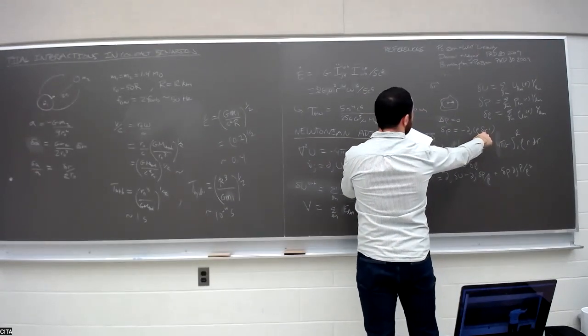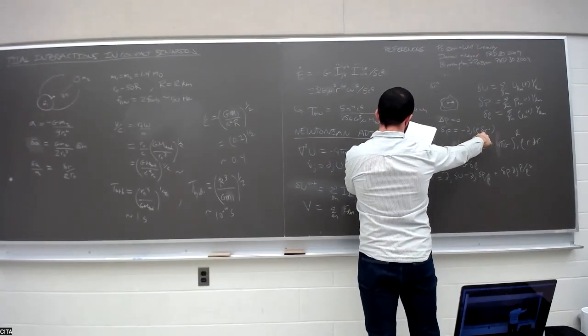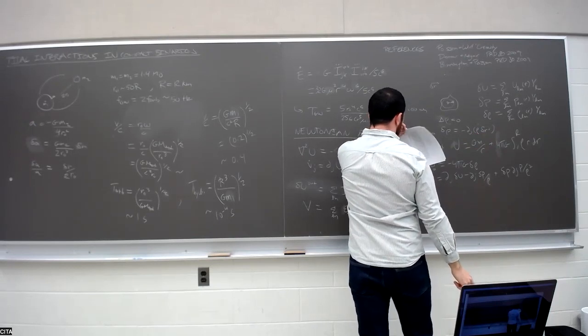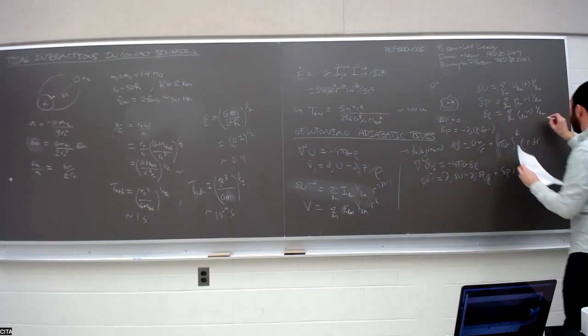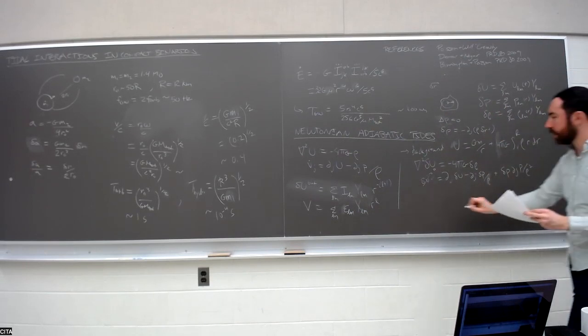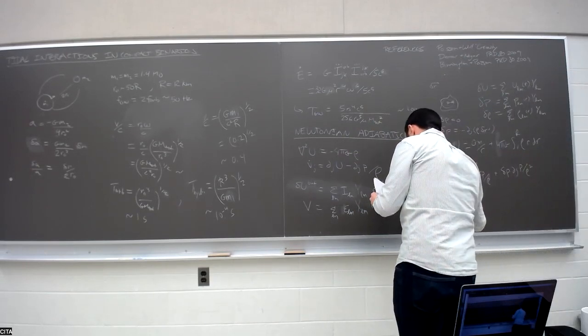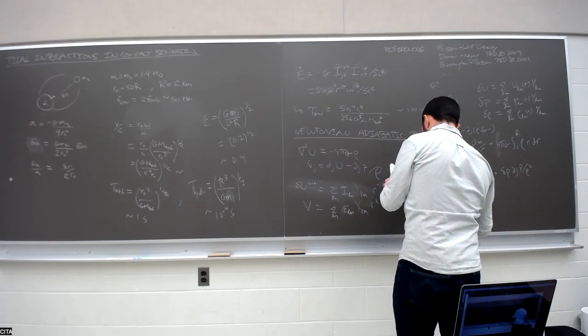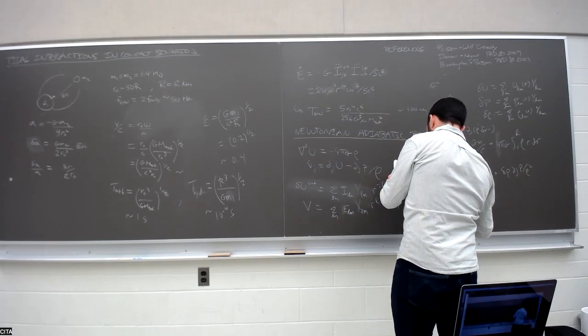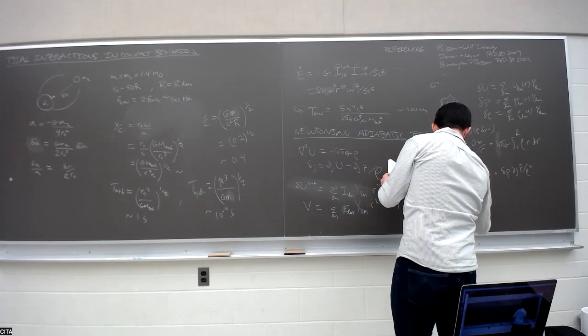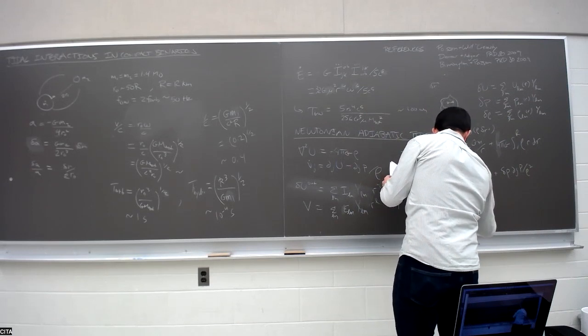But we've chosen this to be divergenceless. And so the relationship you end up with is that the PLMs are minus P prime times delta R over R.